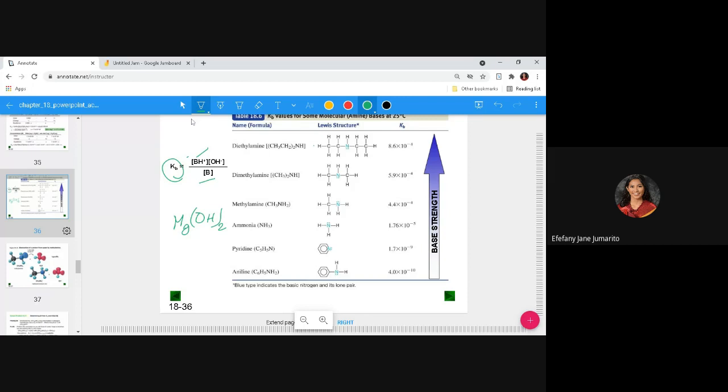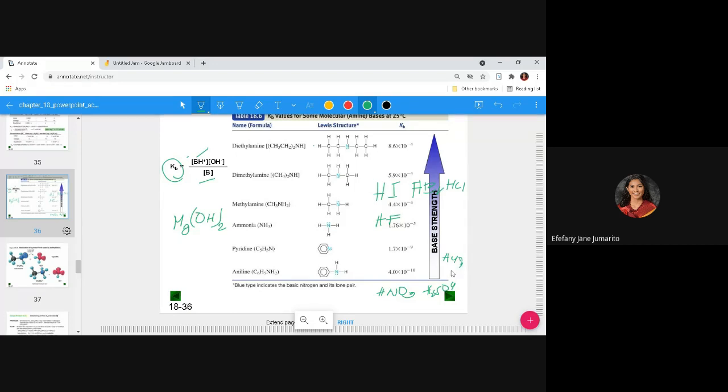Okay, we talk about acids. Acids are those that have H bound to halogens like HI, HBr, HCl, even HF. Or the oxyacids like HNO3 and H2SO4, those are acids.